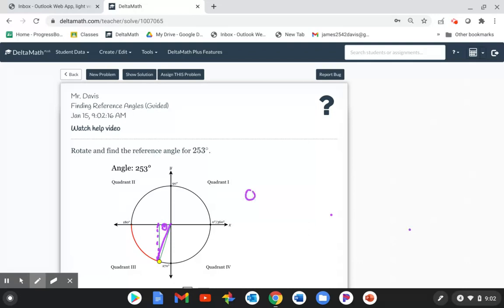So in this one, theta prime is the angle theta, so 253 minus 180. So it's like we're subtracting out this whole half of the circle, and we're left with just that part. So that's going to be 73.